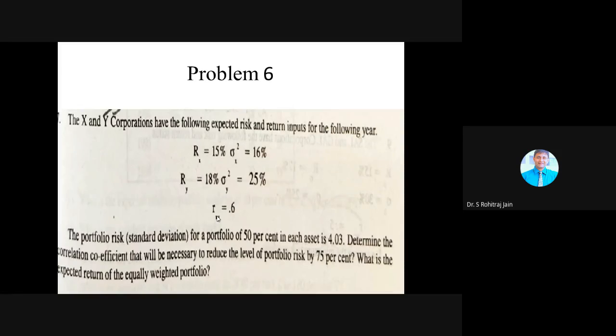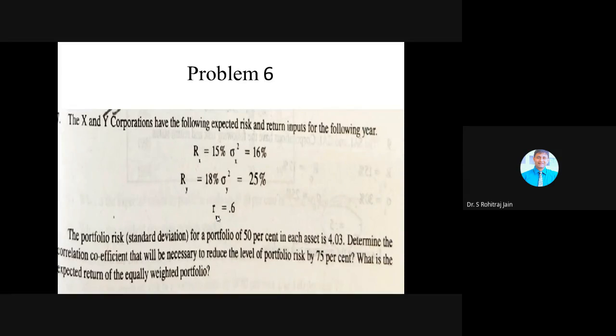Then the problem still continues. The portfolio risk, that is standard deviation, for a portfolio of 50% in each asset, that is 0.5 in X and 0.5 in Y, is 4.03. Students, please understand, they have already given me this.